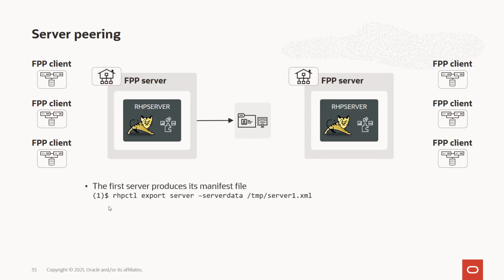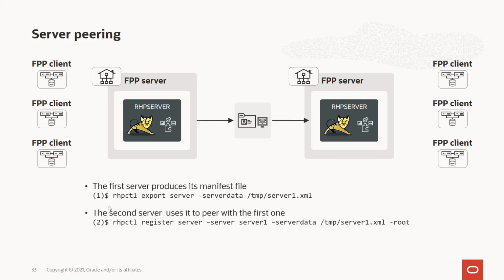And in order to establish this peering between two servers, first again we produce a manifest file of the FPP server for the other FPP server, and then we import it by doing RHPCTL register server, and at this point they will be buddies, and then we start exchanging the new versions of the images.